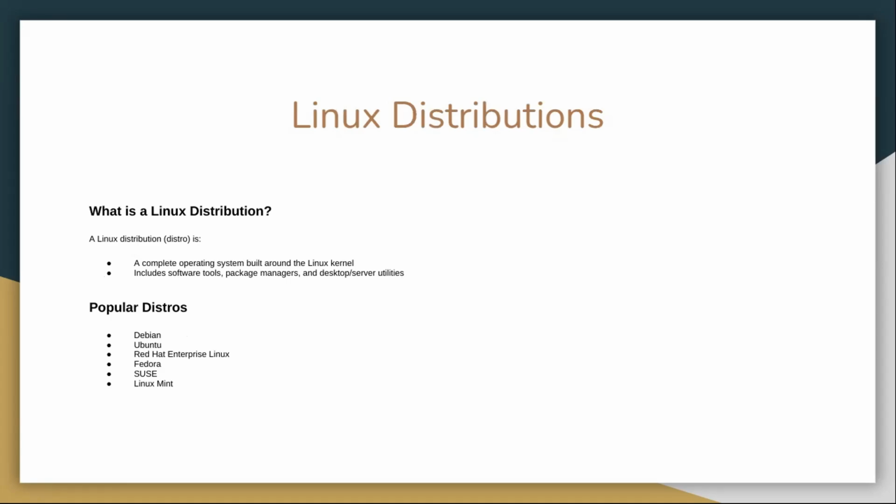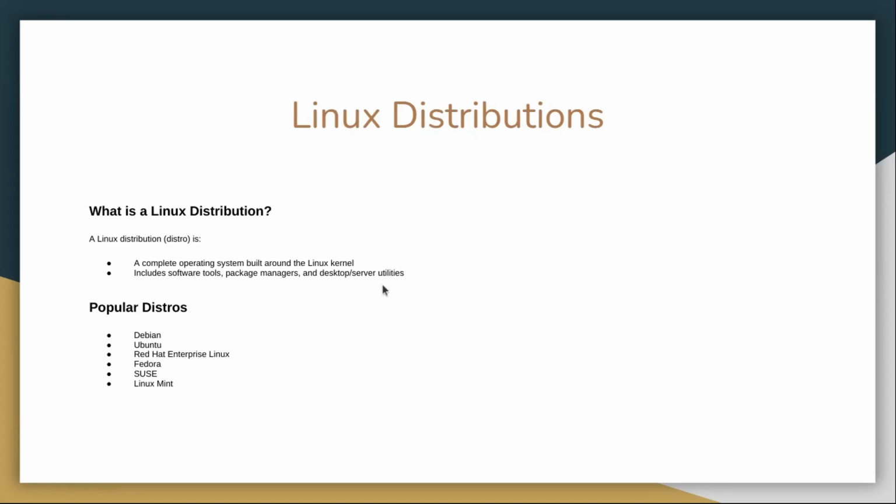Let us understand what the Linux distributions are. A Linux distribution, or in short a Linux distro, is a complete operating system built around the Linux kernel. The second point is that it includes software, tools, package managers, and desktop or server utilities as well.